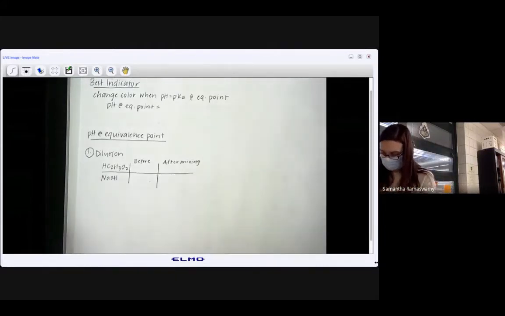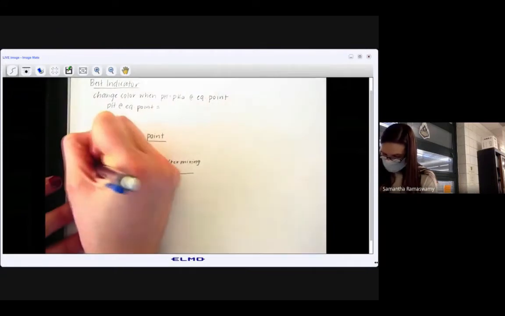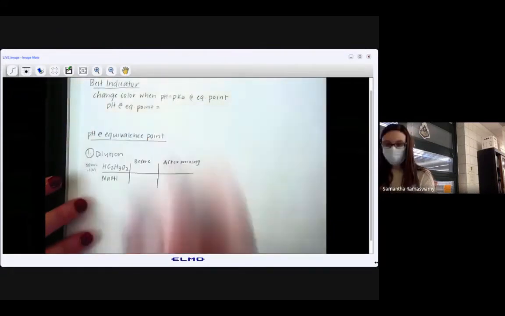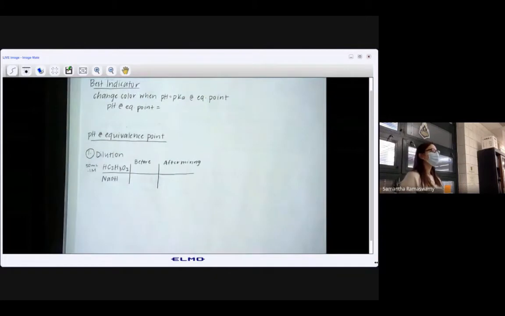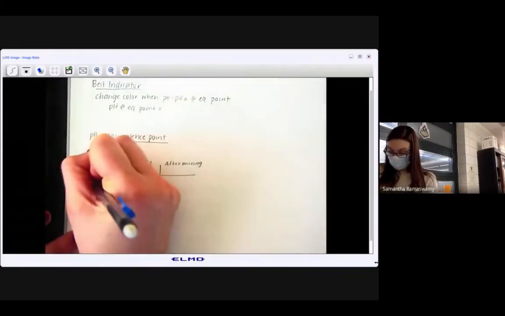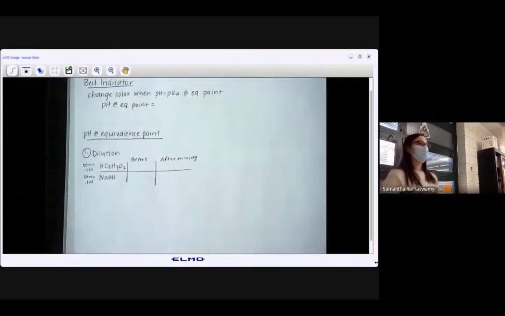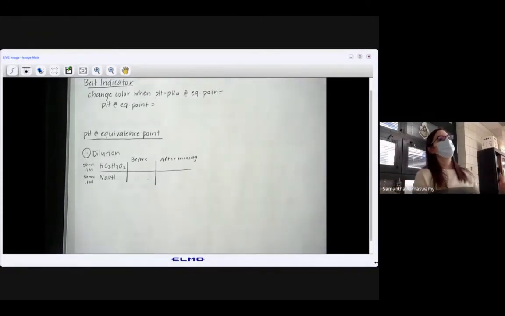In the beaker, we had 50 milliliters of 0.1 molar acetic acid. We are now at the equivalence point. At the equivalence point, it required 50 milliliters of 0.1 molar NaOH. NaOH concentration was 0.1 molar. If you look back at the titration curve, we said because the molarities were the same and the moles needed to be the same, the volumes were the same.